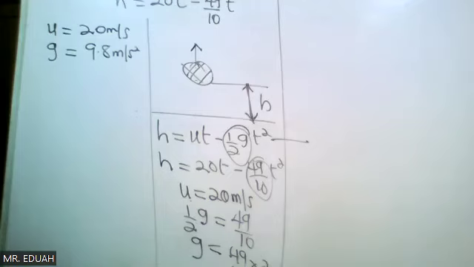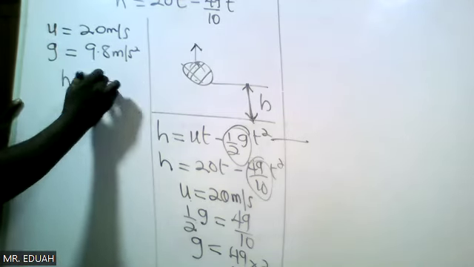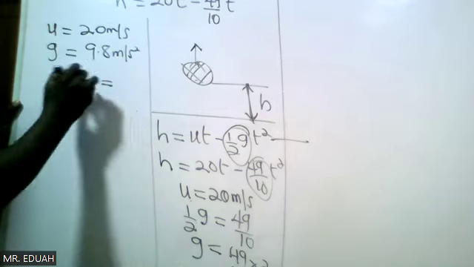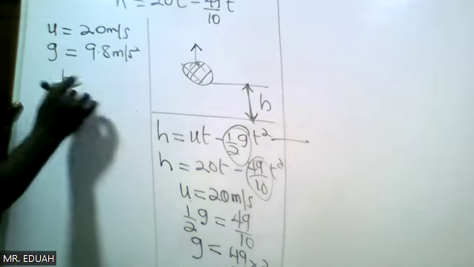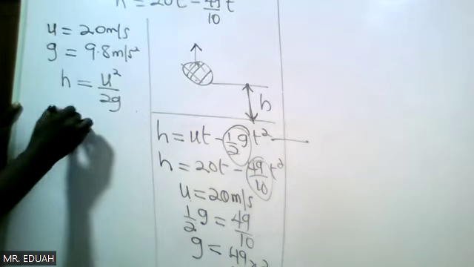So if the question now is asking you to find the maximum height, we know at the maximum height, H max, v is equal to 0, and H max will be equal to u squared over 2g.